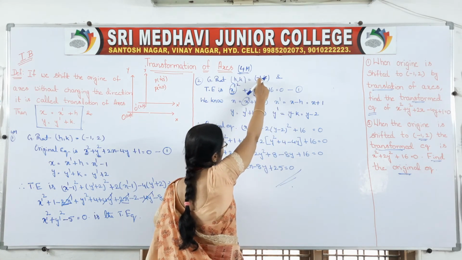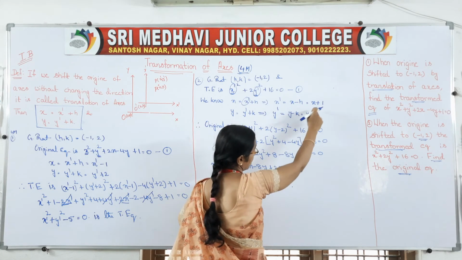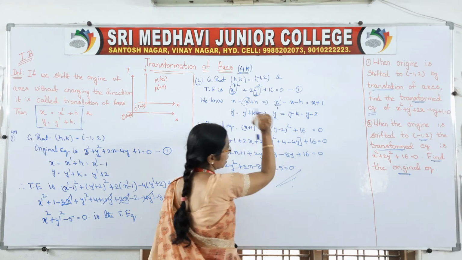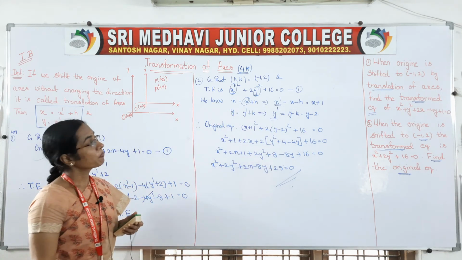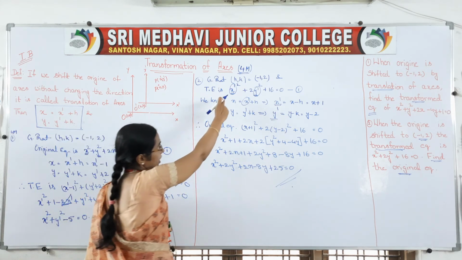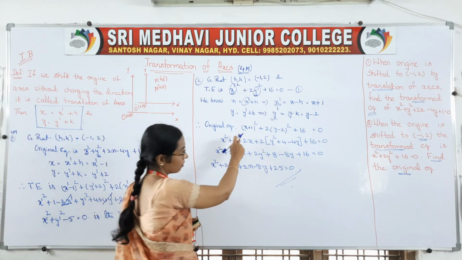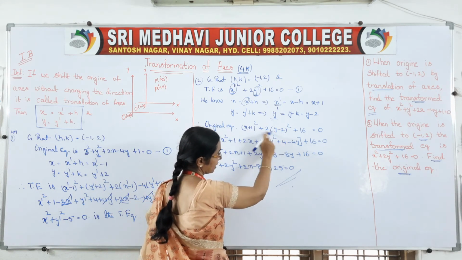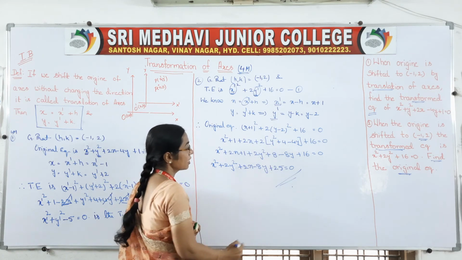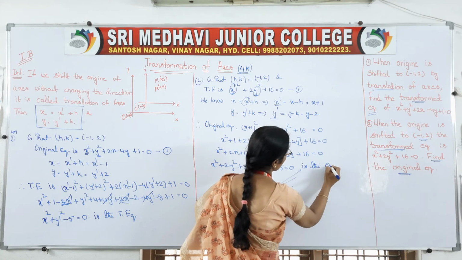Shifted origin is always denoted by (h, k), so we know h comma k, we substitute, and with that you got your x dash, you got your y dash. Once we got the x dash and y dash values, in the transformed equation you substitute those values. Now your values will be in terms of x and y, and expand it and simplify. That is the original equation.